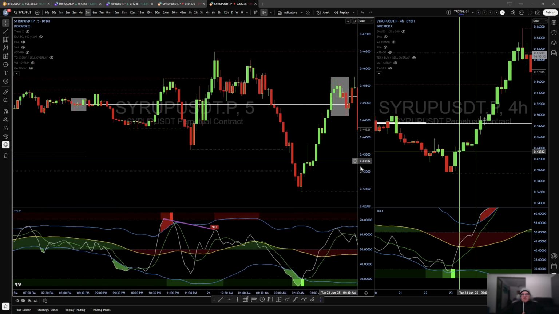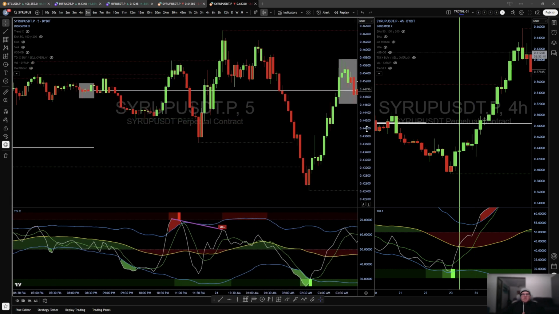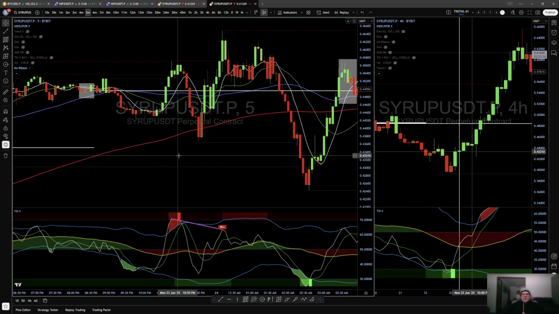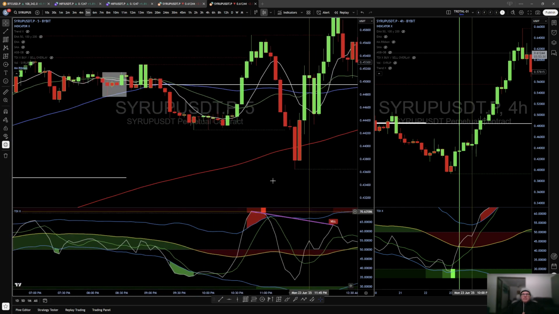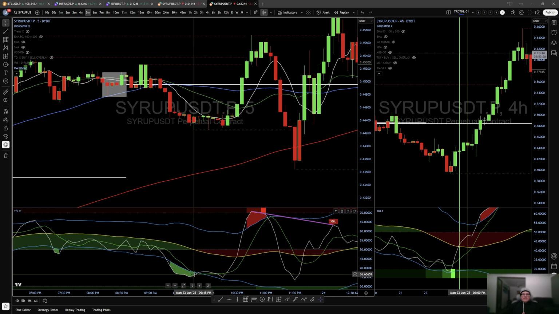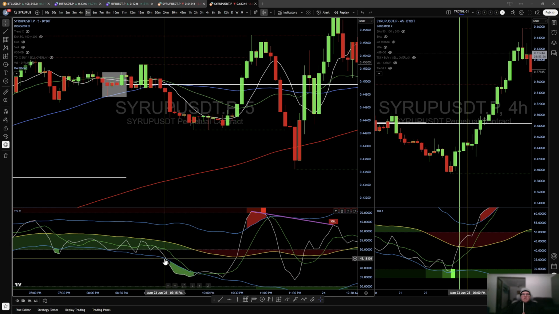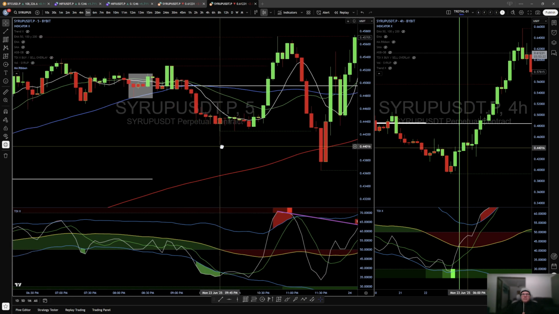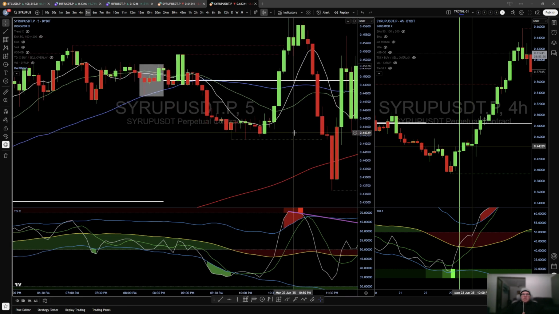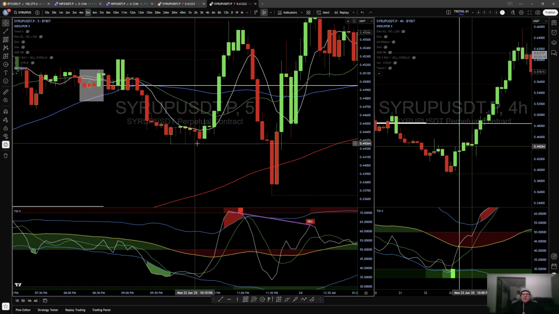Here's something I want to bring up. I'm sure I haven't even looked at this, but I'm sure if I put my moving average ribbon on, you'll see here that this shark fin is not a classic shark fin. It's not sharp, and it wasn't as great of an entry.